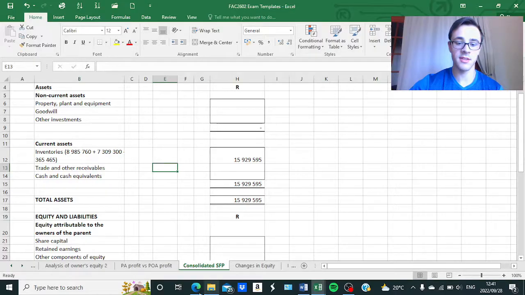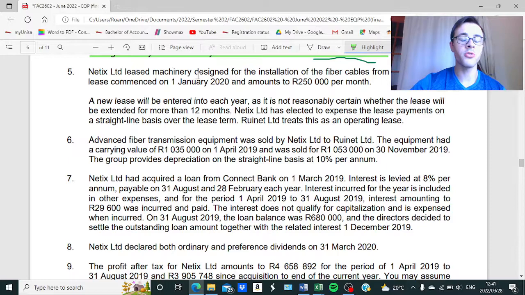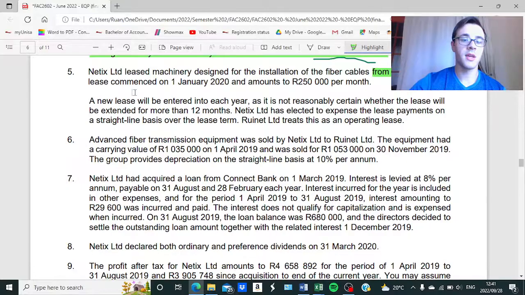Okay, let's get to point 5, which says that Netix Limited leased machinery designed for the installation of the fiber cables from Renet Limited. Now, the lease commenced on the 1st of January 2020, so post-acquisition period, and amounts to 250,000 Rand per month. A new lease will be entered into each year, as it is not reasonably certain whether the lease will be extended for more than 12 months.